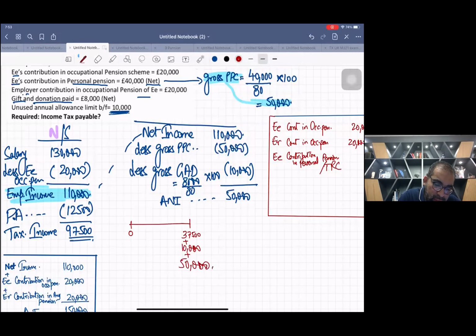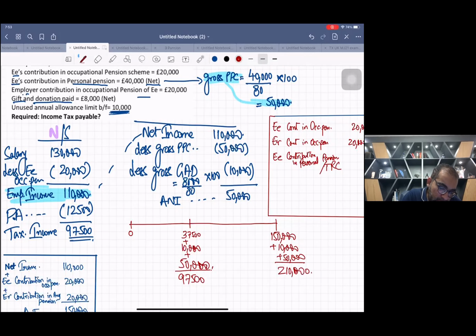Similarly, the next band, which is 150,000, you will write 10 plus 50. So your updated bands will be 97,500 is the first band, and your second band will be 210,000. What are the capacities?